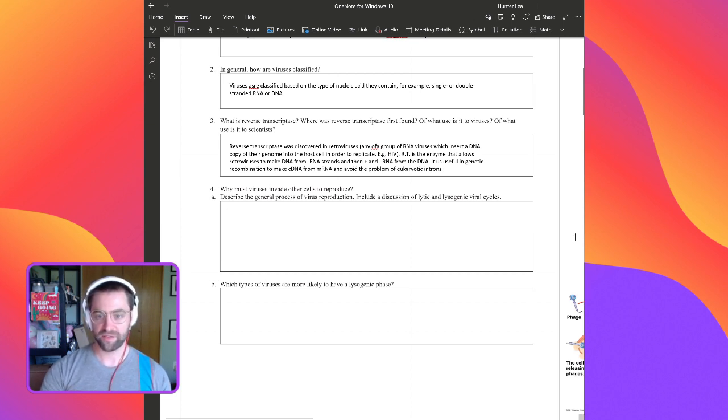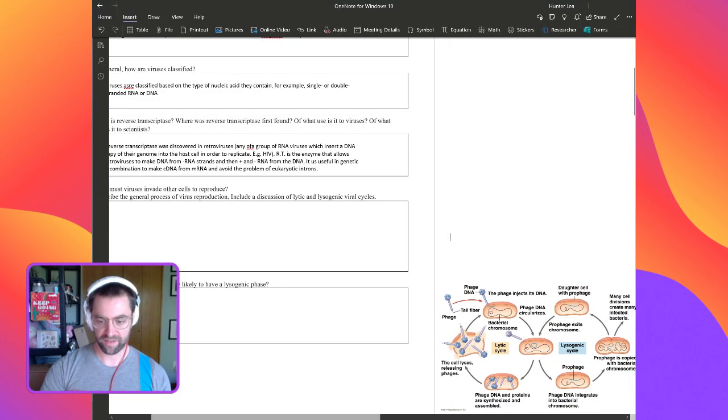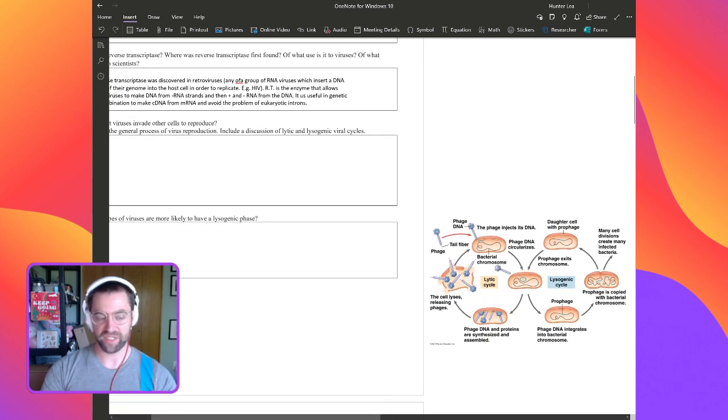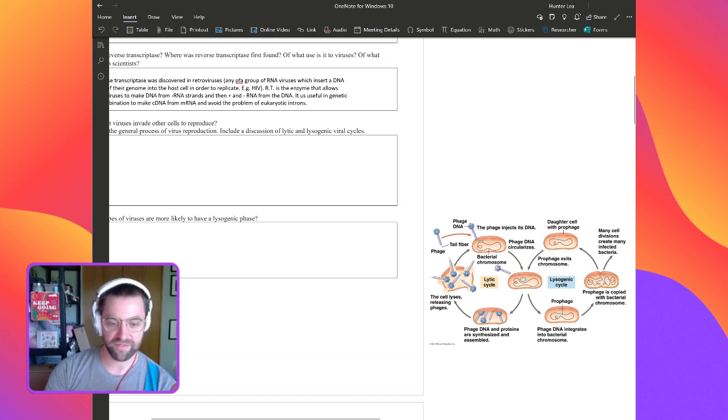I'm going to see if I can expand my window here so you can see this graphic. This is a graphic from the Pearson textbook that I found really helpful in describing the virus life cycle. This is very flashcardable. It's just good to have a solid understanding of what's happening here. So we have the lytic cycle, in which the host cell lyses, breaks apart as part of the virus reproductive cycle.